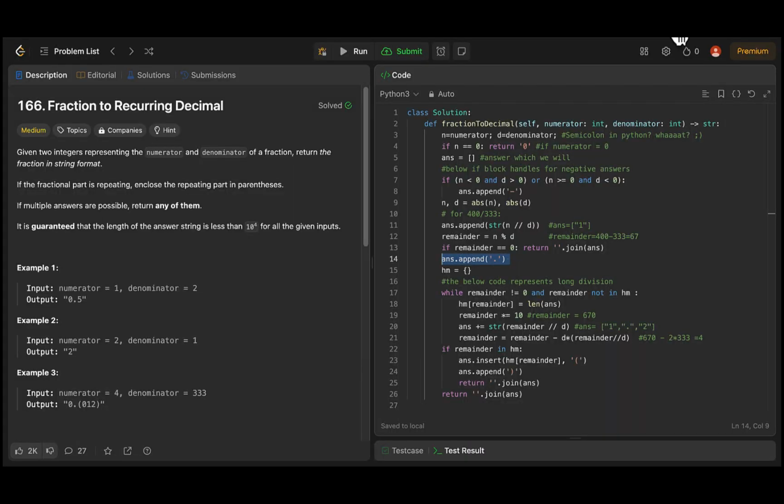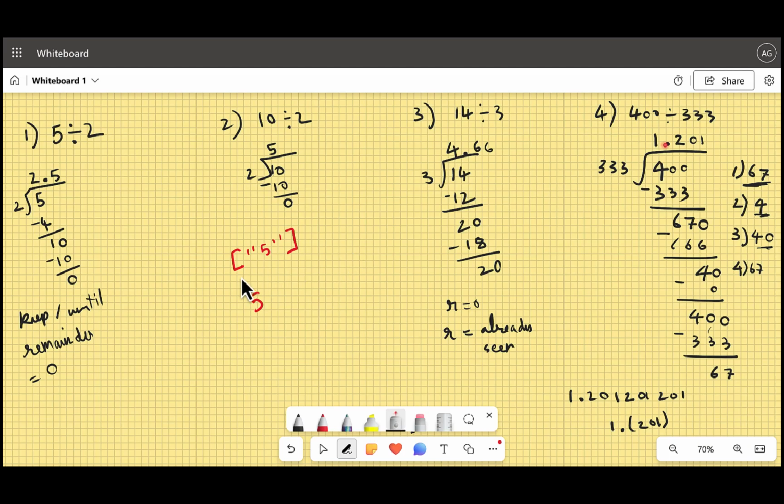After adding a point, we create a hash map and we run the loop until the remainder is 0, or until we have seen a remainder that has already occurred once.